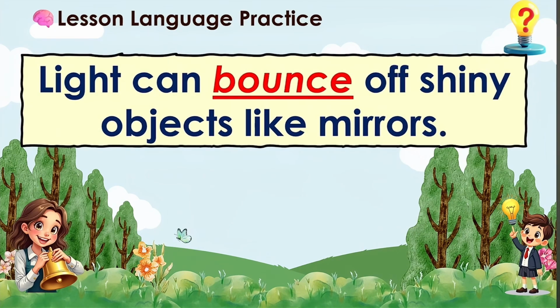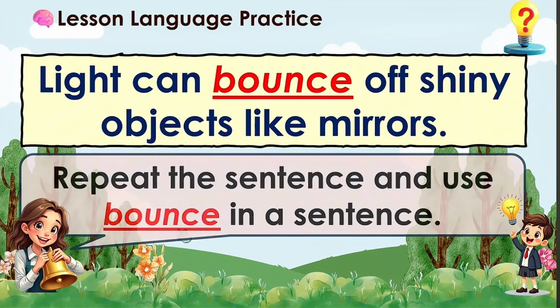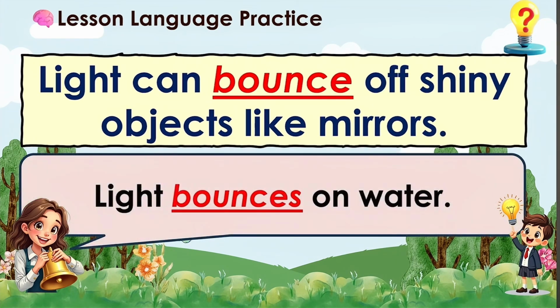Another lesson language practice, light can bounce off shiny objects like mirrors. Repeat the sentence, then use bounce in a sentence. Example sentence is, light bounces on water.